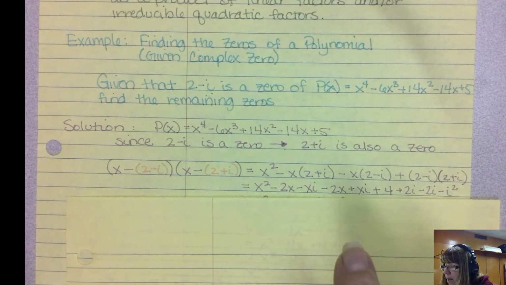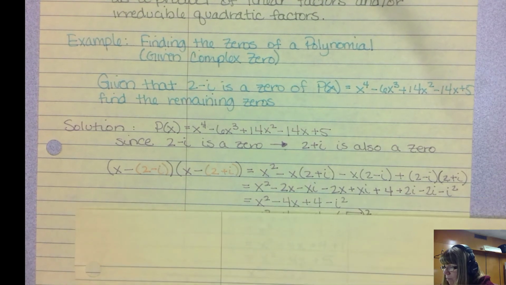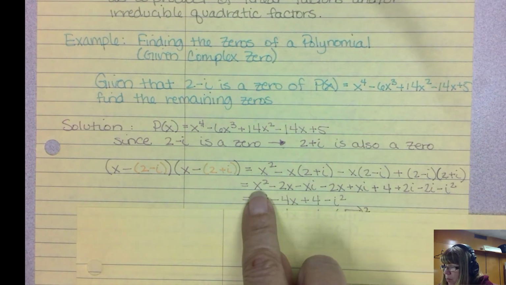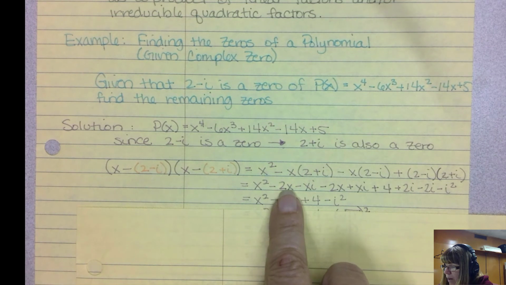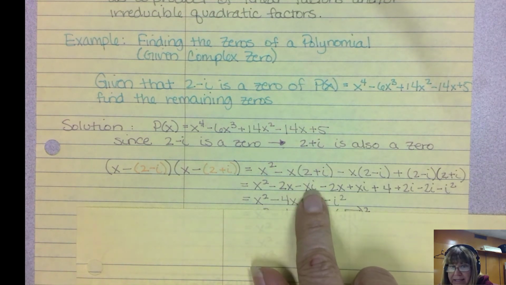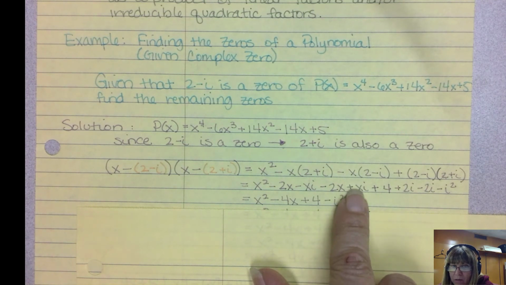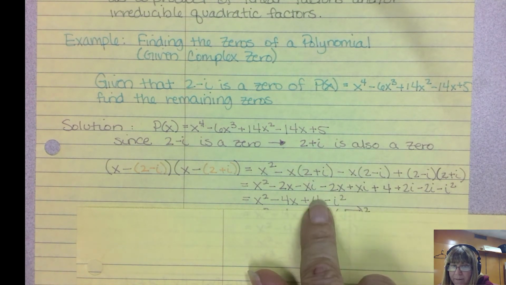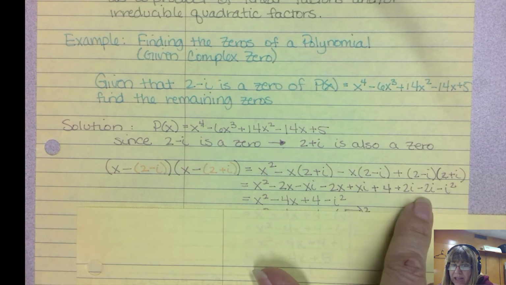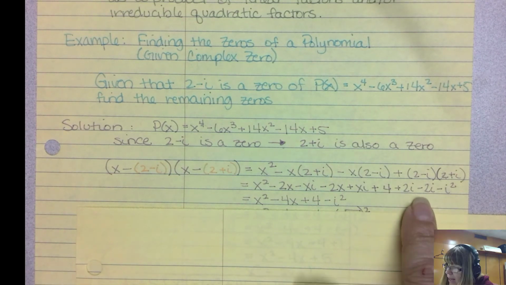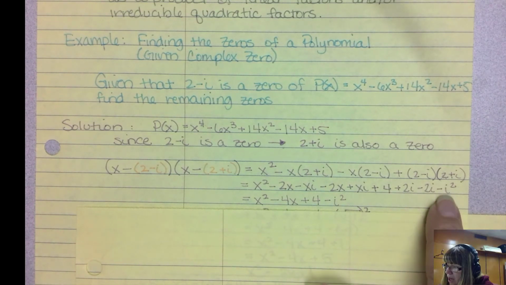We're going to combine like terms. And we get x squared, then negative 2x and negative 2x is negative 4x. The negative xi and the positive xi drop out. The next thing we have is a 4. The 2i and the negative 2i drop out, and we have left this negative i squared.